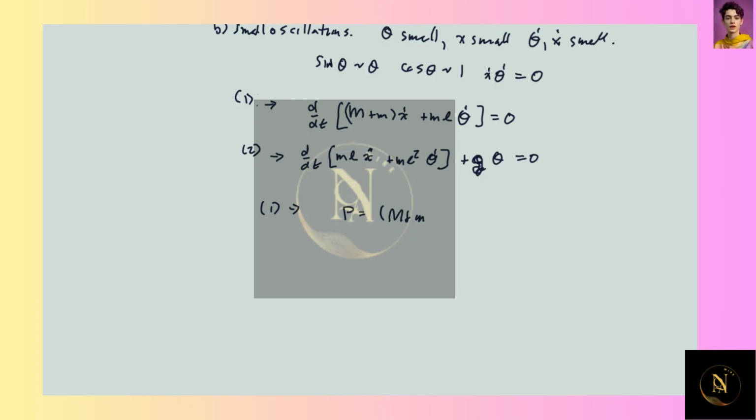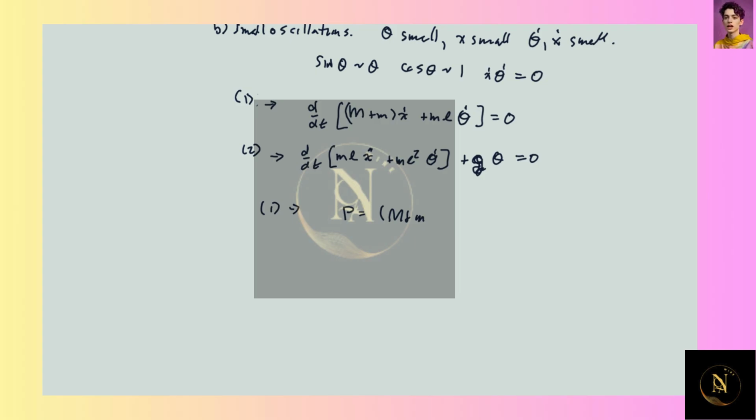So equation 1, remember I said that has something to do with a constant of the motion. If we look at that, it really looks like momentum, and it is really the x component of momentum of the entire system. The y component doesn't matter so much because the y component of momentum is not conserved, because the little mass is swinging back and forth, and so it's going up and down all the time.